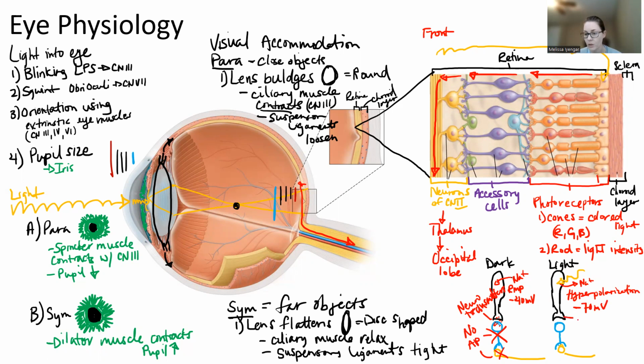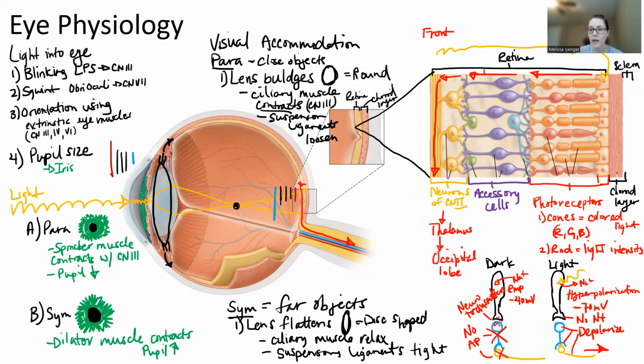This stops neurotransmitters. I'm just going to abbreviate neurotransmitters NT, and that actually causes this cell to stimulate. So that causes this cell to depolarize. And then that causes the next cell to depolarize, and so you send out your action potential. That's what's happening in the light.